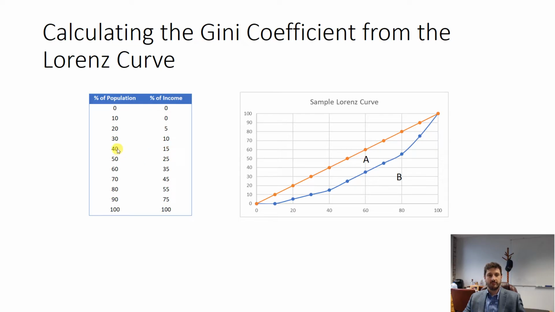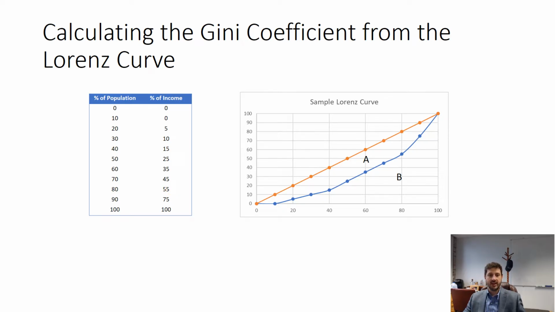Then we move up from the 40th to 50th, they get an additional 10% of the income, so that is 25 total. And then 60th, 35, so that's another 10. 70th, 45, that's another 10. 80th, 55, that's another 10. So each of those deciles of population gets a decile of income as well.